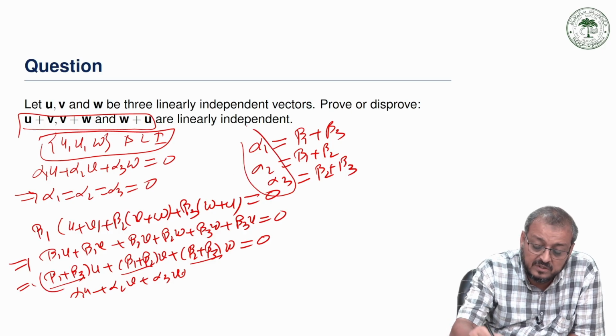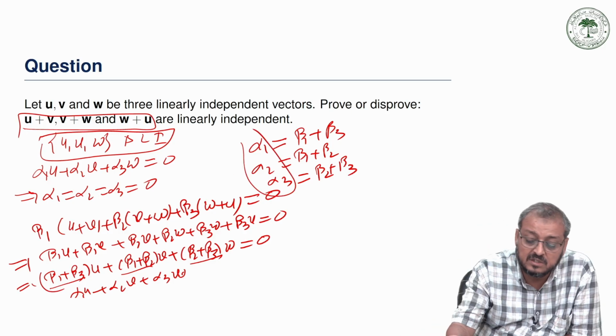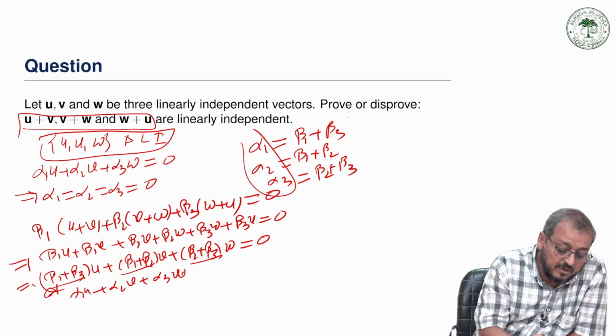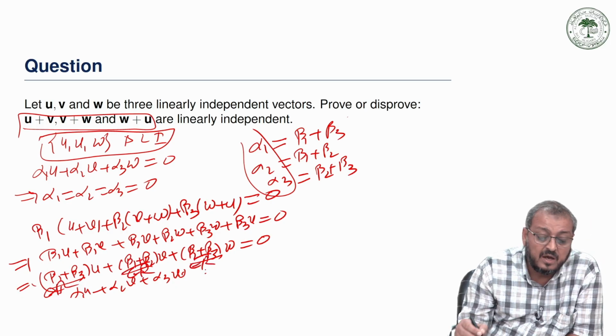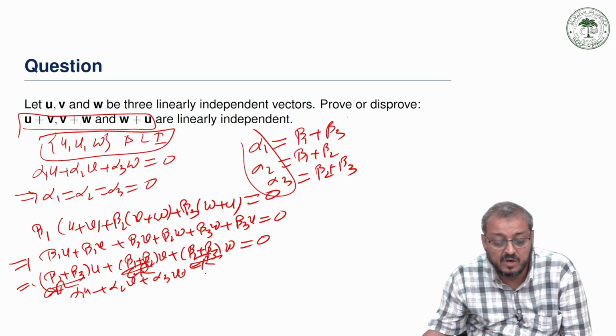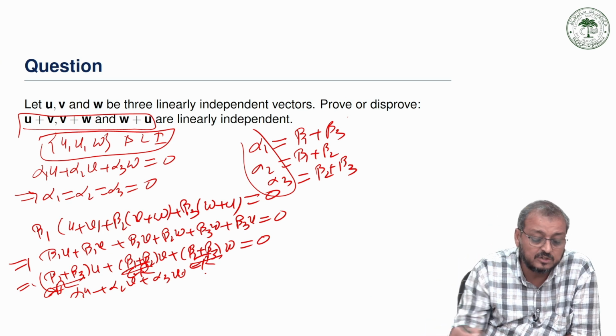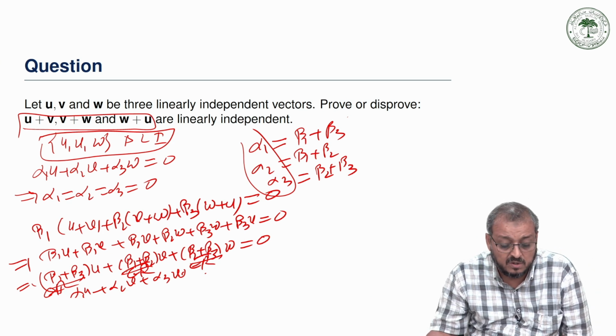Clearly these are scalars, elements of R, and since u, v, w are linearly independent, the corresponding scalars must be equal to 0.